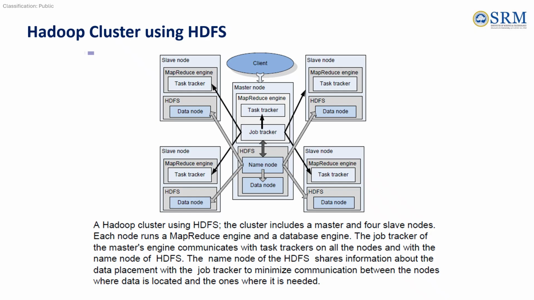So even if one node fails, the data can still be recovered from another replica. During data access, the client first contacts the name node to obtain the block location. Then the client directly communicates with the corresponding data nodes to read or write the actual data. This architecture allows Hadoop to efficiently process massive data sets in parallel while maintaining reliability and scalability.